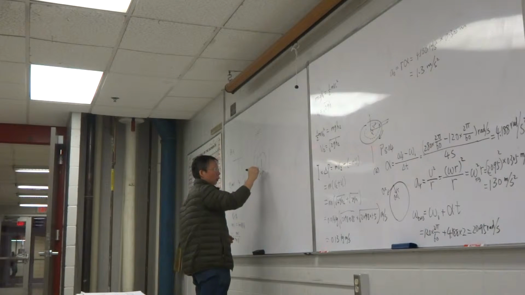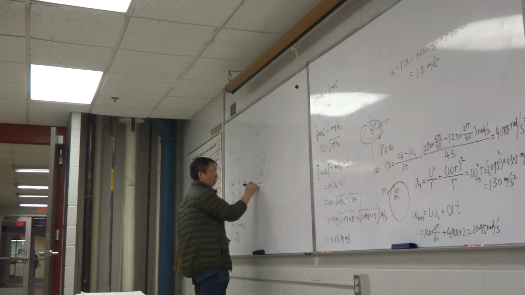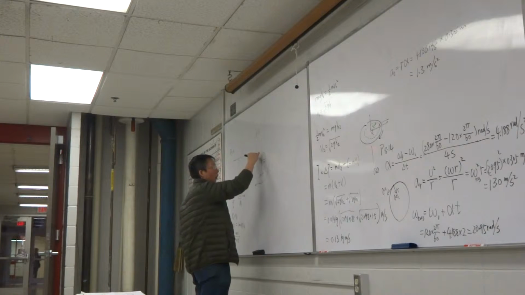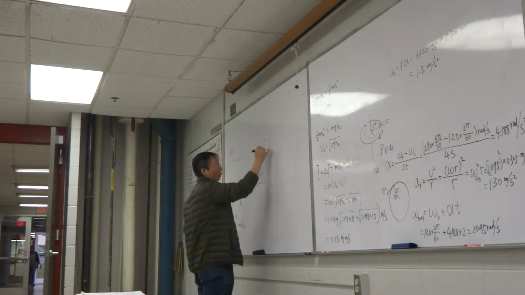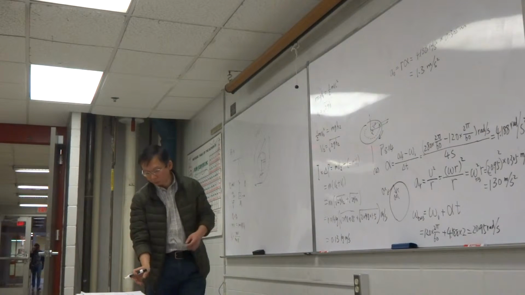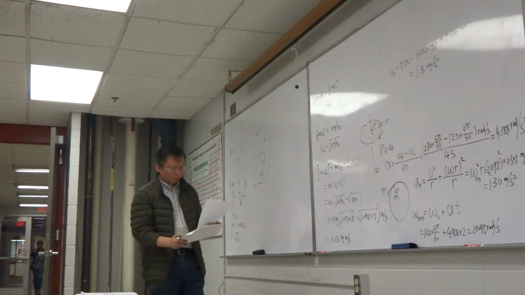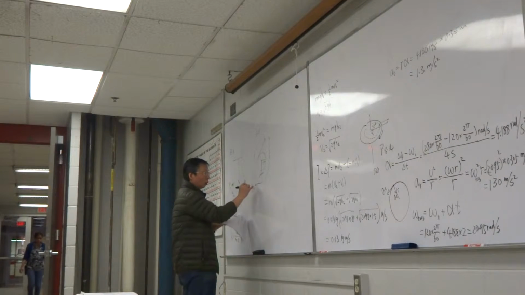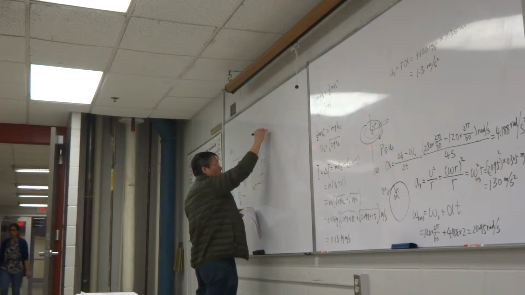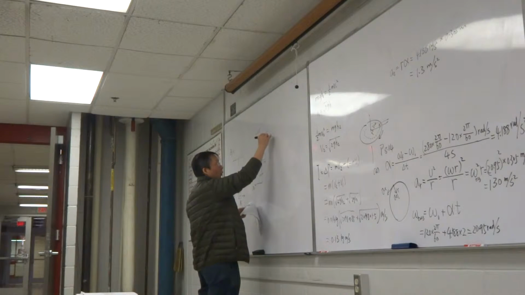It's 24 centimeters. This is 12 centimeters. This force goes this way, the second force this way, this force this way. This is 18 newtons, this is 35 newtons, this is 28 newtons.